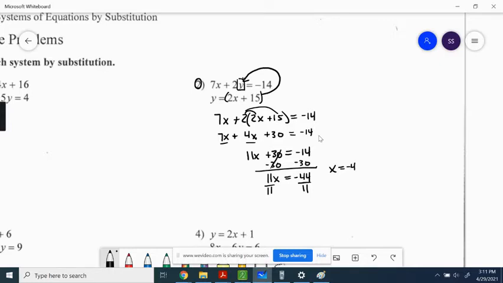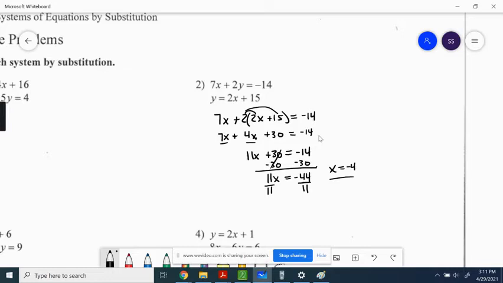So now you've got to remember that the solution to a system of equations is the point at which these two lines intersect. So we're actually looking for an ordered pair, an x and a y. Once we have one of the values, so I have x, I need to plug it back into one of the original two equations to figure out the other variable, in this case y.